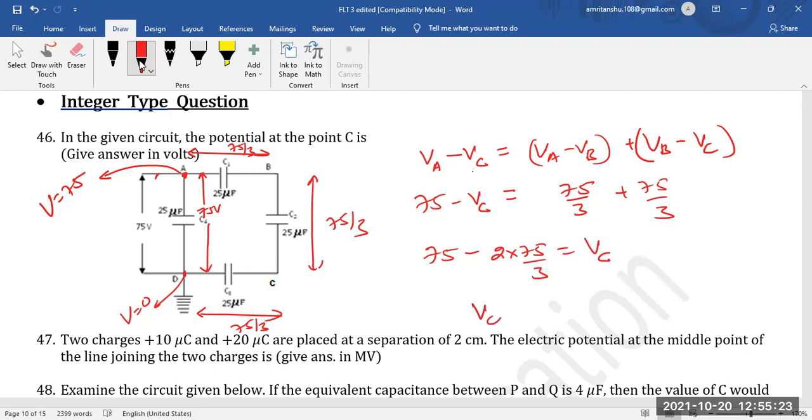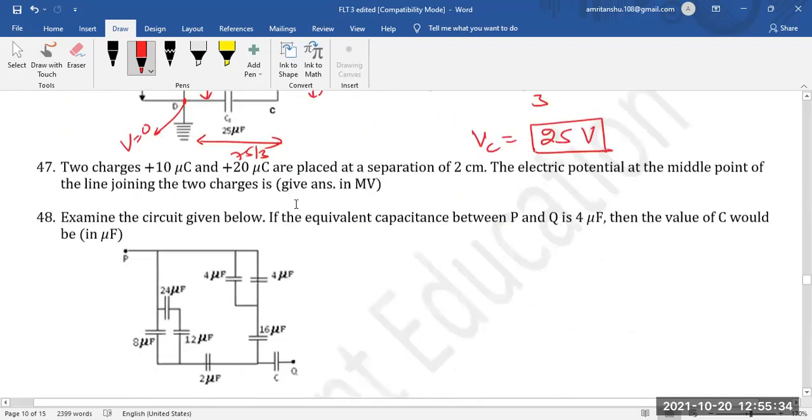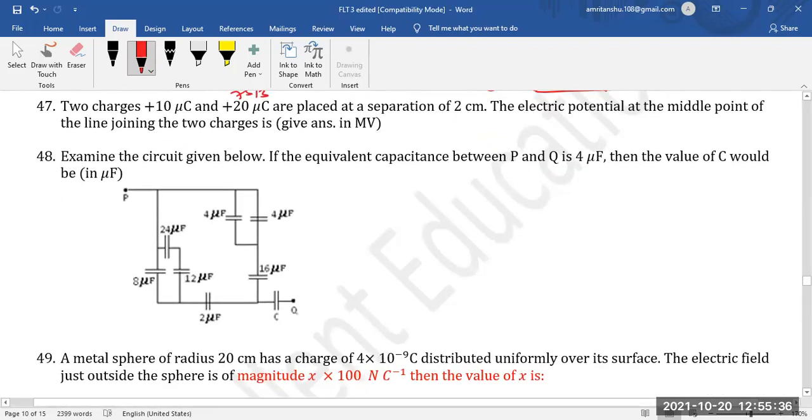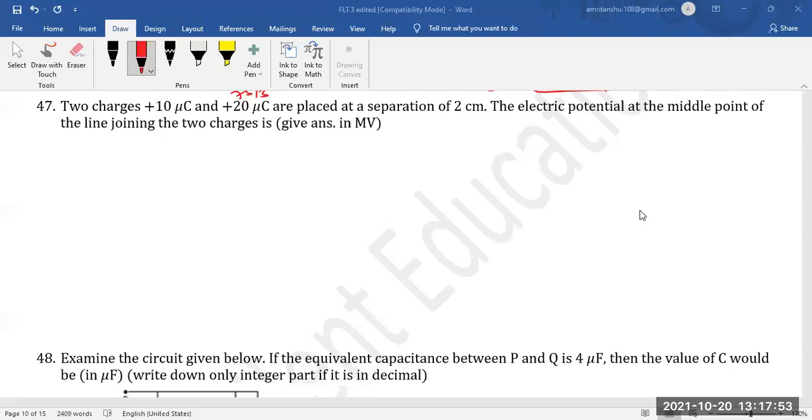From this expression, we get VC as 25. So that is our answer. So for this, the integer answer will be 25. Moving on to the next question. Moving on to question number 47.